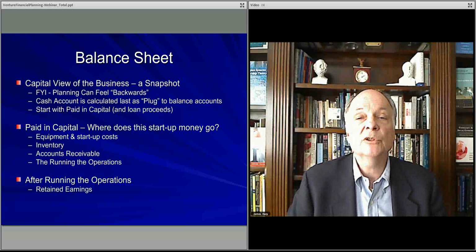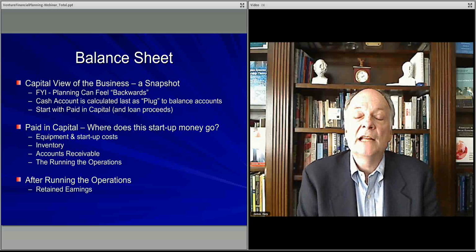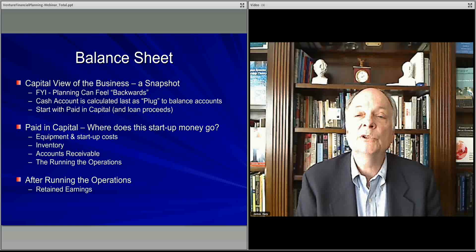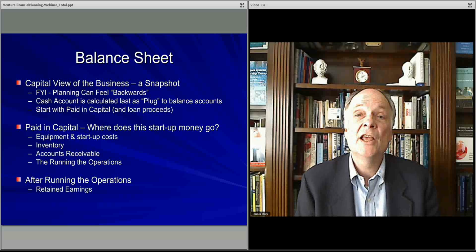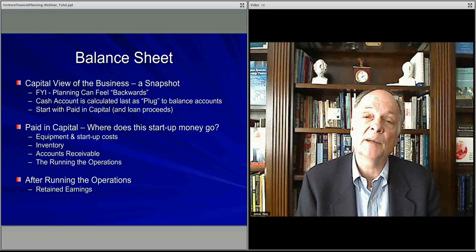And again, we'll look at this when we actually develop our models. But keep in mind, you can't just not do a balance sheet. You have to do it. We will do a very, very simple balance sheet because it actually is quite a simple analysis. It's like your checkbook. It's that simple whenever you do it for a startup business.